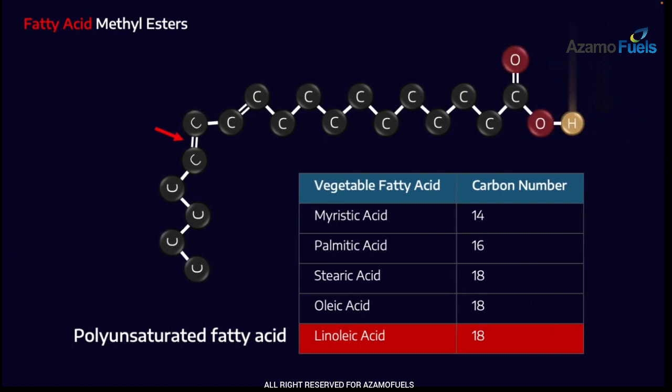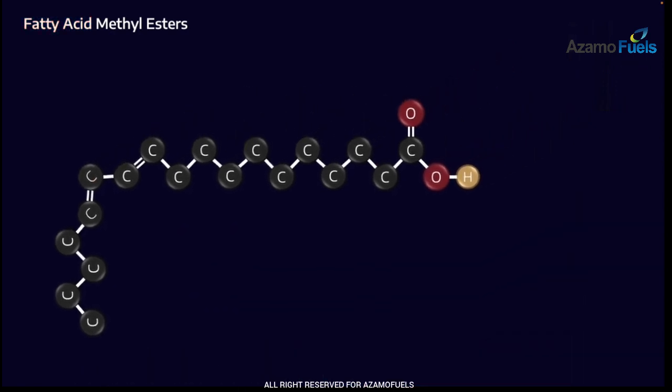So if we go back to this idea, we're not quite complete yet. We've explained fatty acid, and we've explained saturated and unsaturated. So what's the methyl ester part? Well, basically, in order to create biodiesel, we take these fatty acids and we react them with methanol, right? So methanol is the methyl part of the name, and it undergoes a reaction which we call an esterification process.